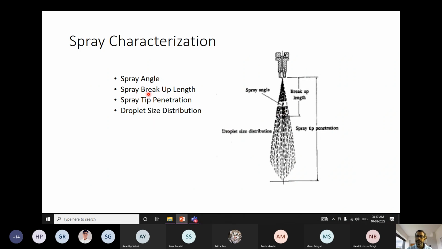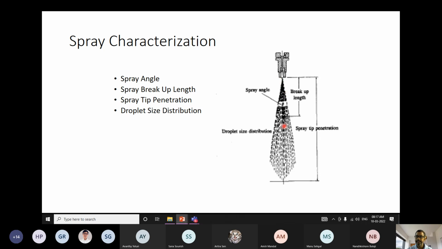Then another parameter is called the spray breakup length. That is what you can see here. This is your tip. When the fuel comes out from the jet, it is not possible that the fuel can immediately disintegrate into small droplets or that fuel atomization can take place.